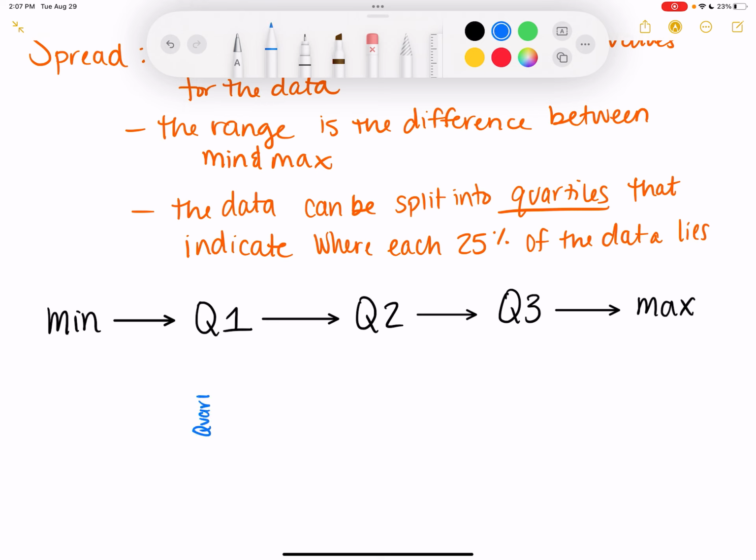And then the upper quartile contains the upper 25% of the data.